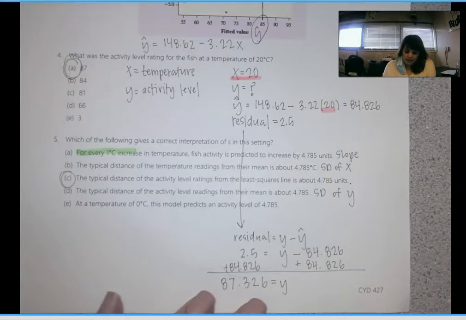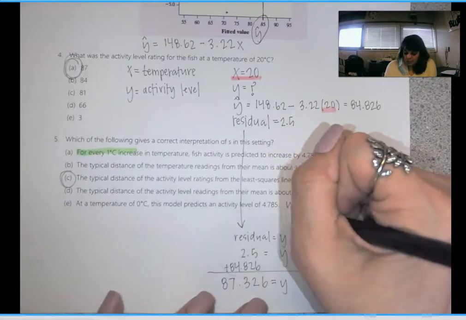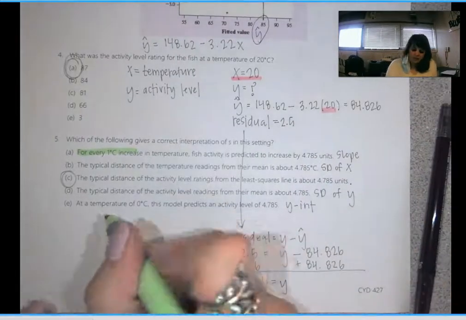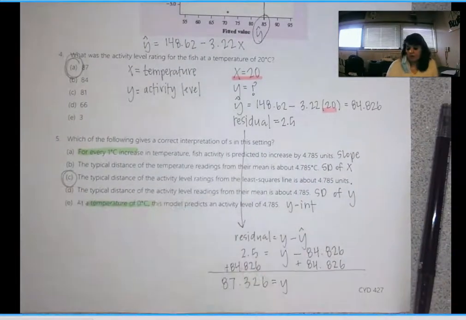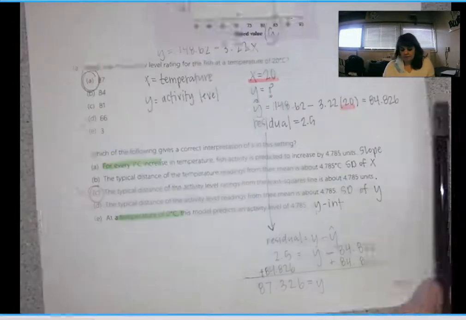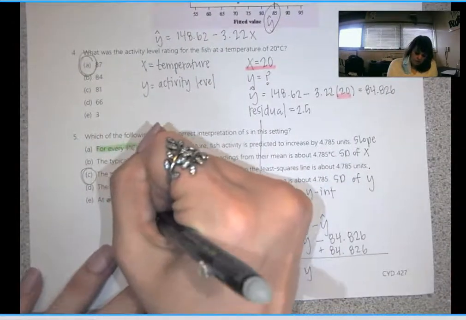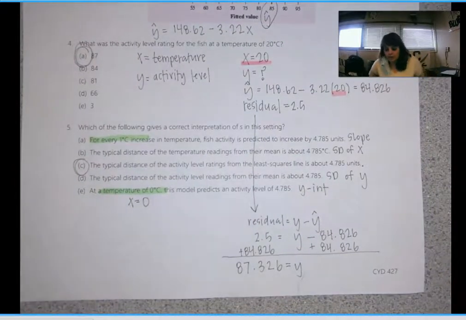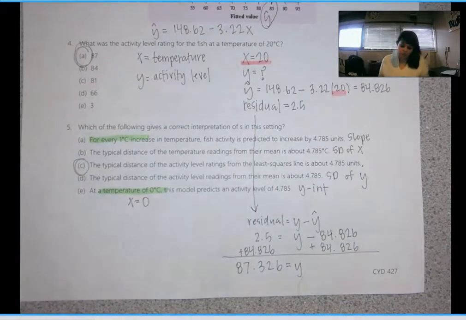And then lastly, E: at a temperature of 0 degrees Celsius, this model predicts. This is y-intercept. How do I know? Because X is 0. This problem is also a really good problem to use to assess where you're at with this unit.